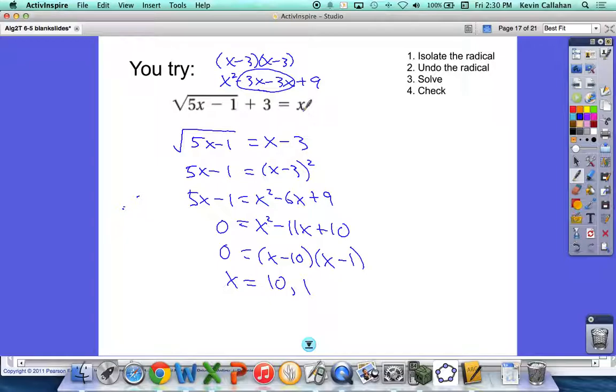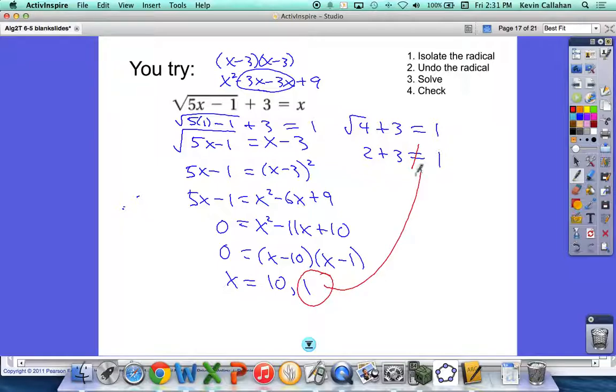Okay, then try this one. The square root of 5 times 1 minus 1 plus 3 equals 1. So that's the square root of 4 plus 3 equals 1. 2 plus 3 equals 1. No. So that is not true. That means that this one, because of that, is extraneous.